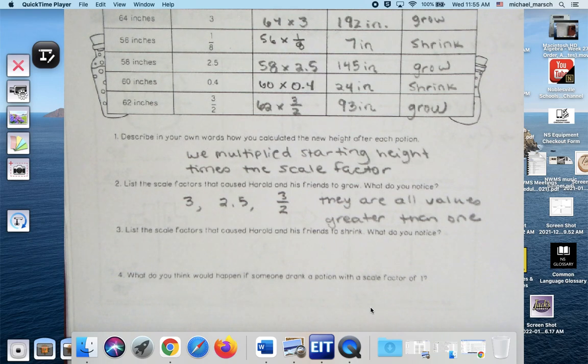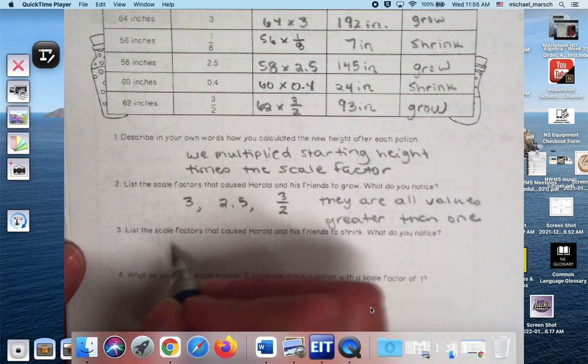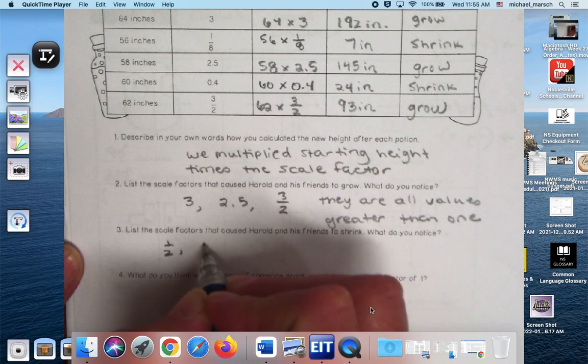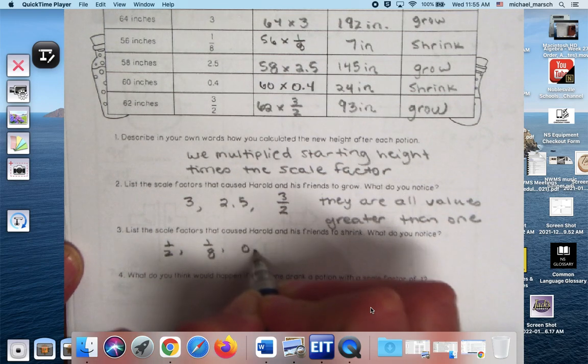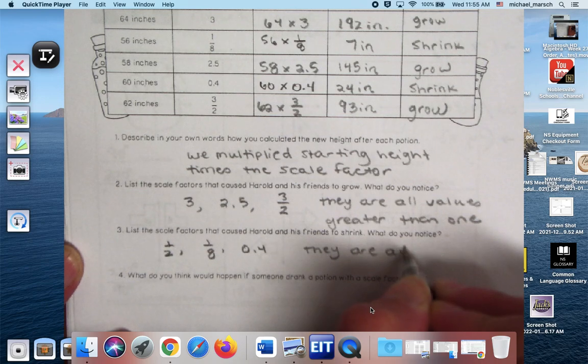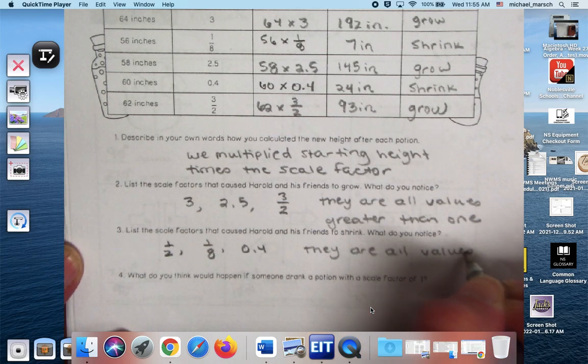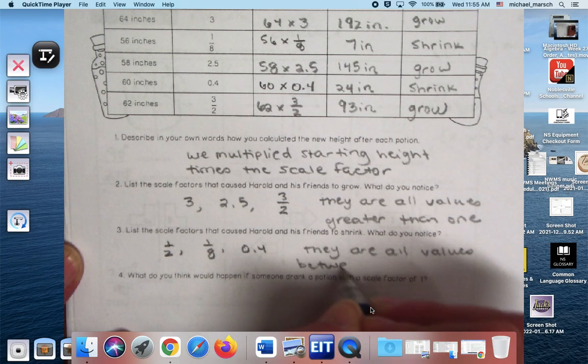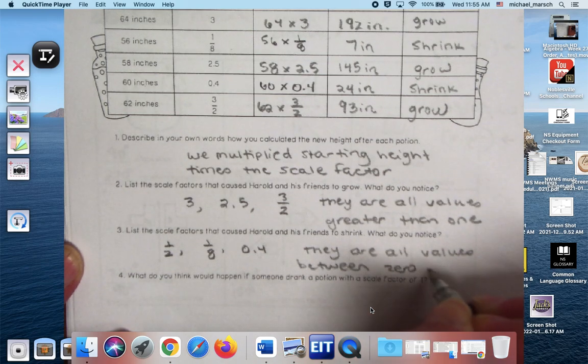What do they have in common? They're all less than 1, right? They're between 0 and 1. So the values you should have written down would be 1/2, 1/8, and 0.4. And they are all values between 0 and 1.